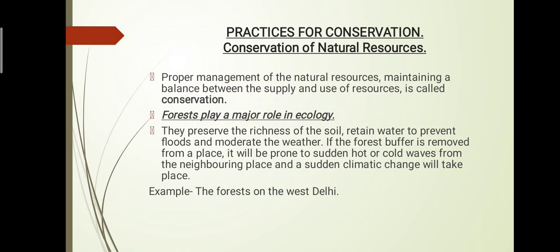Okay? If the forest buffer is removed from a place, it will be prone to sudden hot or cold waves from the neighboring place and a sudden climatic change will take place. For example, the forest on the west of Delhi. What exactly happened was that the forests on the west of Delhi were removed due to some urban activity.